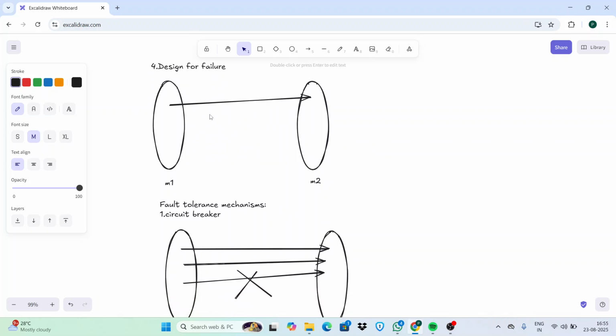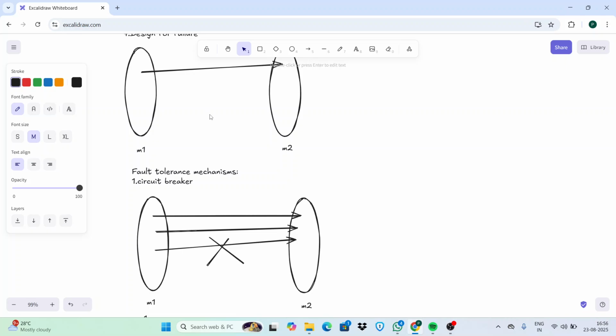Then the fourth principle is design for failure. It says that in addition to coding for success, each microservice should also be capable of handling failures. So each microservice should be coded in such a manner that it can handle failure also.